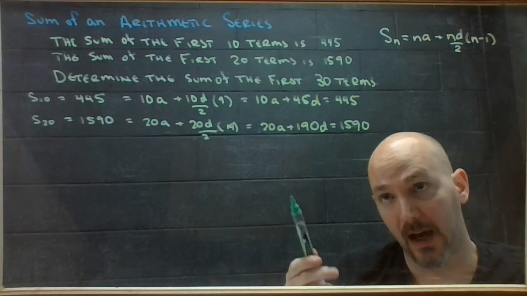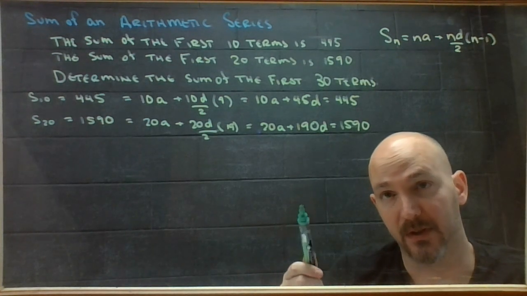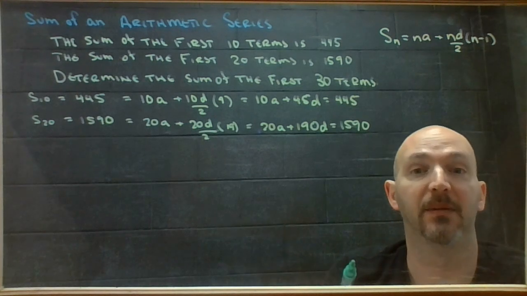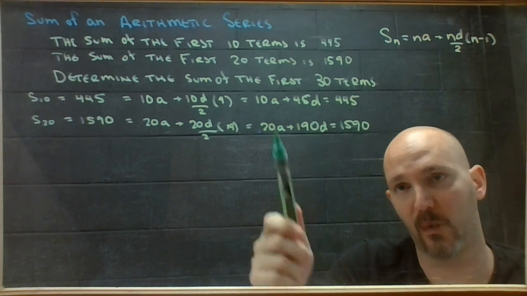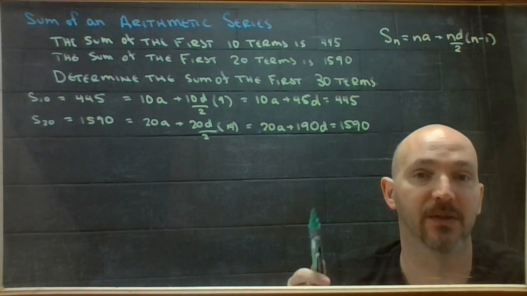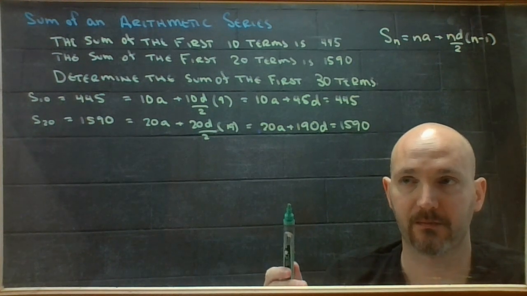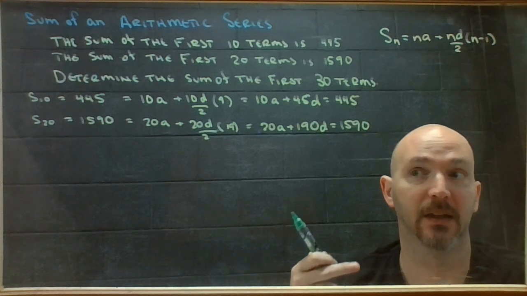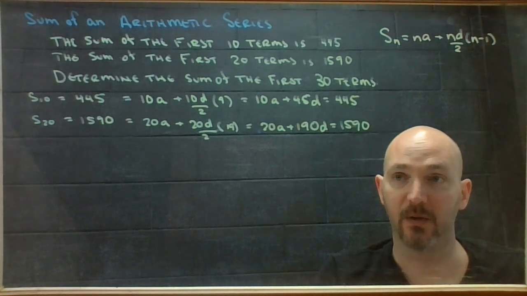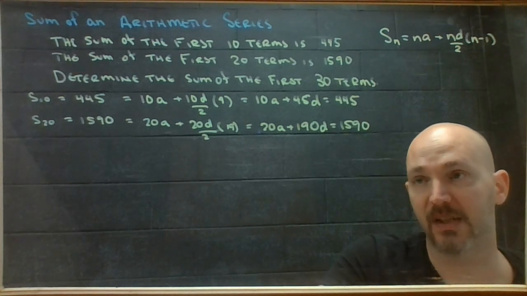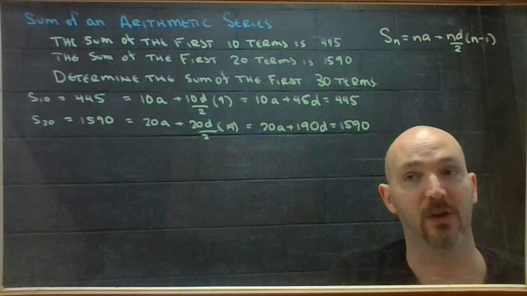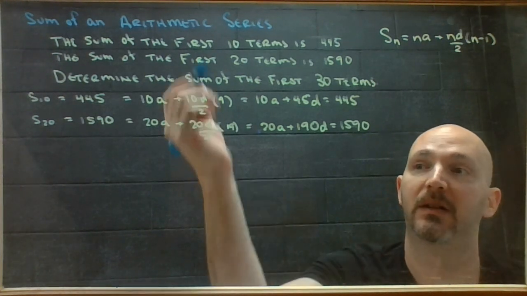So you have two algebra techniques to choose from, either the substitution method or the elimination method, in order to shove one of these equations into the other one so that you only have one letter to solve for. I'm going to use elimination because I like it better. So I need to look at my coefficients, and I need to scale one of these equations up so that I get a match on the coefficients of one of the letters.